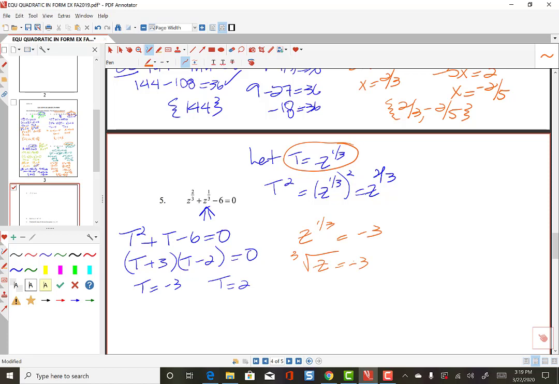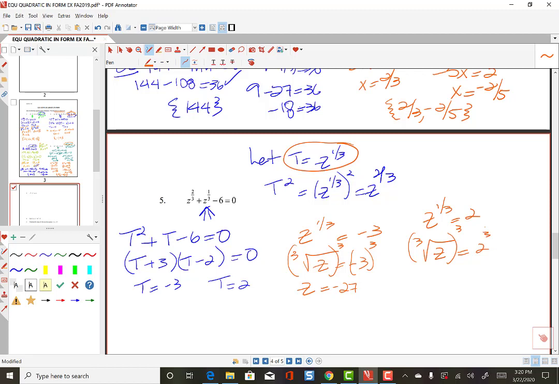So in order to undo a cube root, we need to cube both sides. So that I would have z is equal to negative 3 to the 3rd power, which is negative 27. Likewise, if z to the 1/3 power is equal to 2, that means the cube root of z is 2.